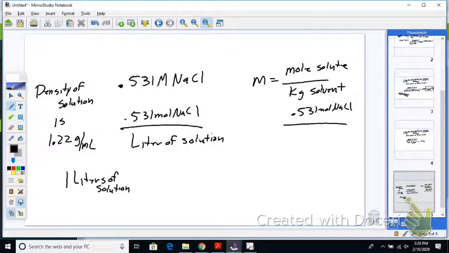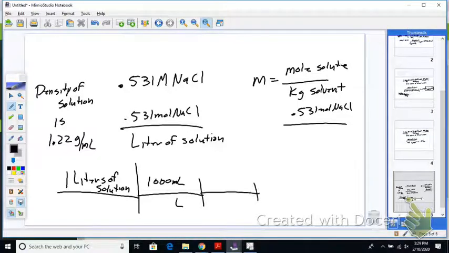For every liter, I have 1,000 milliliters. For every 1 milliliter, I have 1.22 grams of solution.